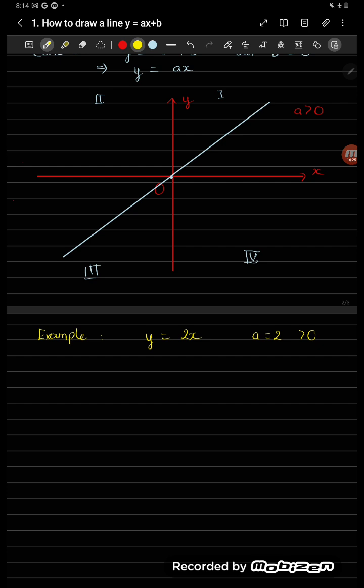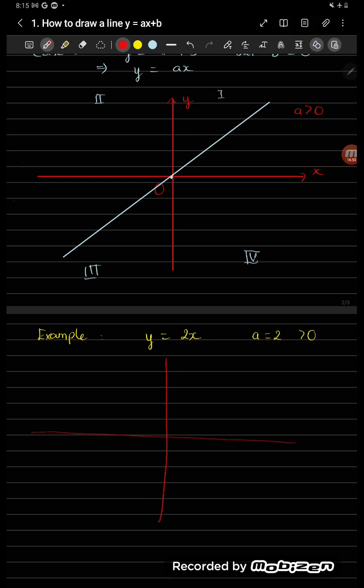So from the above, we know that the line goes through the origin and occupies the first and the third quadrants. So let's draw this line.